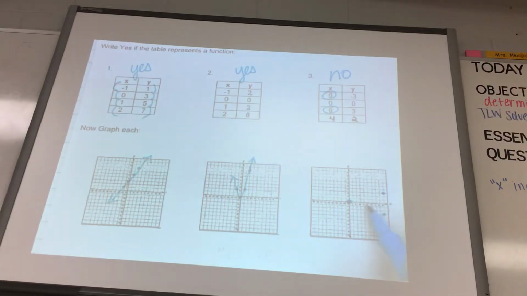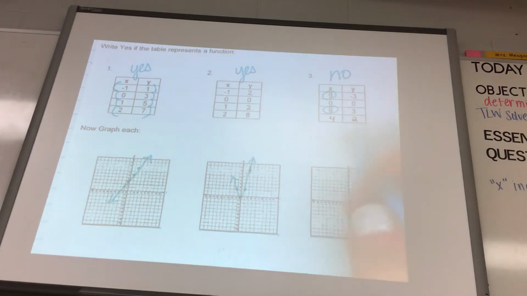Okay. So it looks like this. And you can clearly see with the vertical line test, if we were to draw a line right here, or at any of these points, it passes through more than 1 point. So this, again, was not a function.